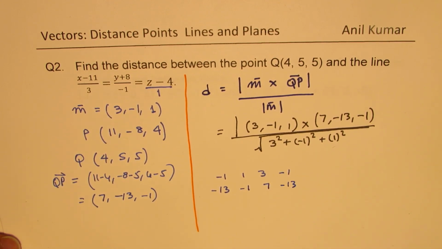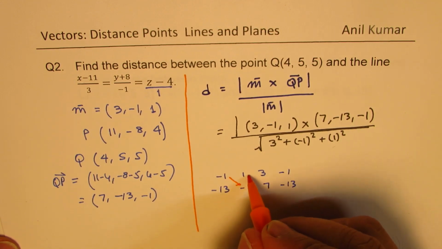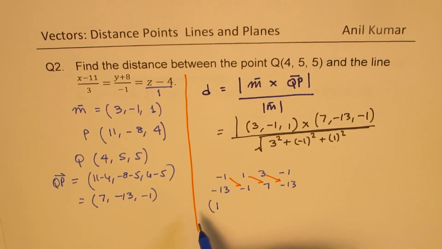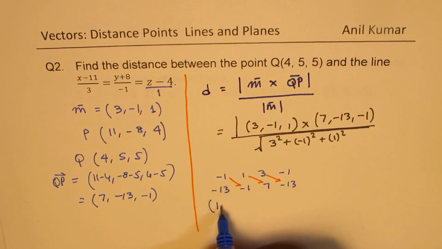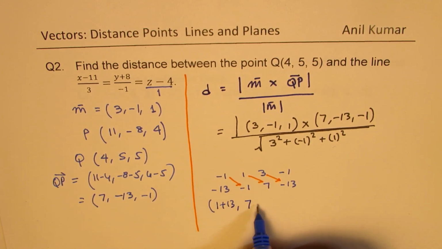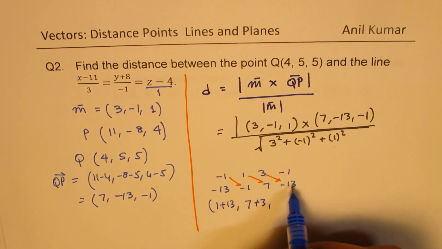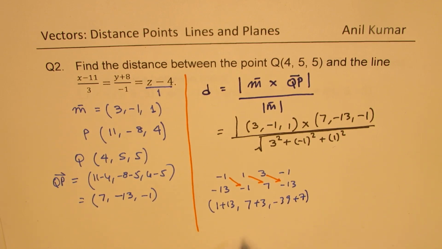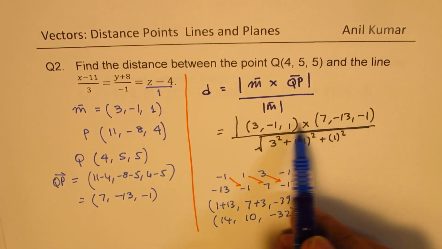You have to take these terms as the components, and then we'll find the magnitude later. So the cross product is 14, 10 and minus 32, correct?